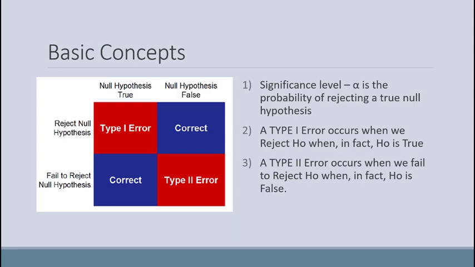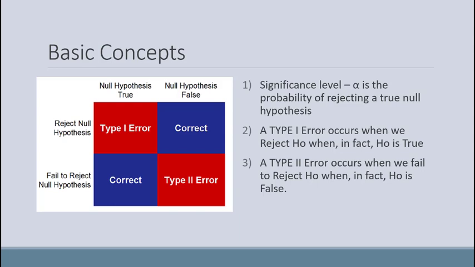Our testing procedure controls the type 1 error when we set the predetermined value for the significance level. Notice that these probabilities are conditional probabilities. This is one more reason why conditional probability is an important concept in statistics.